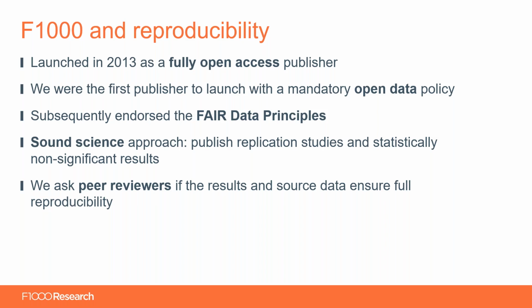So what that policy means in practice is that authors should provide their underlying data unless there's a specific reason why they cannot, such as ethical or commercial sensitivities. And our general approach to data availability is as open as possible, as closed as necessary. So subsequently, we have endorsed the FAIR data principles as really a kind of a framework for this data policy.